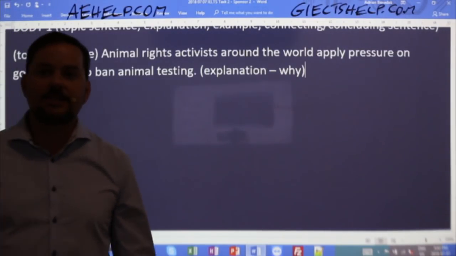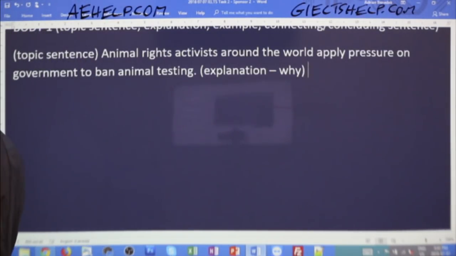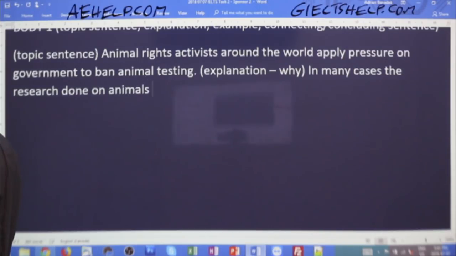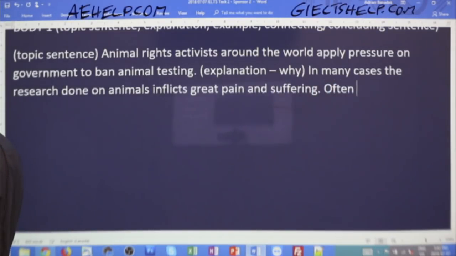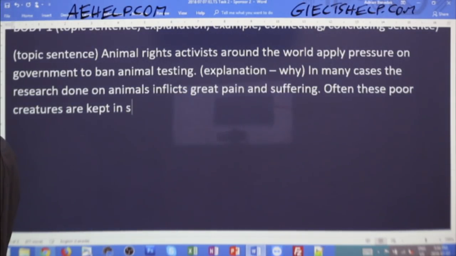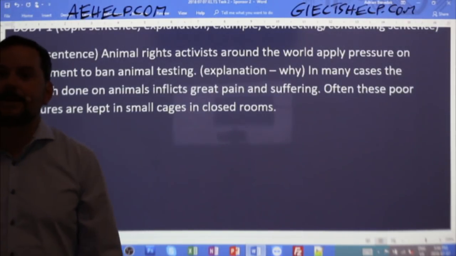In many cases, research done on animals inflicts great pain and suffering. Often, these poor creatures are kept in small cages in enclosed rooms. Okay.